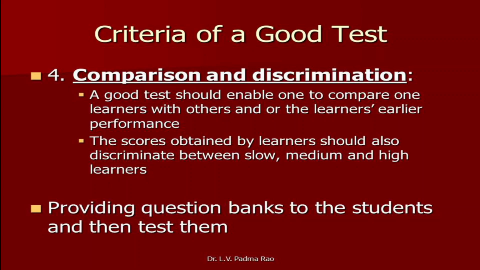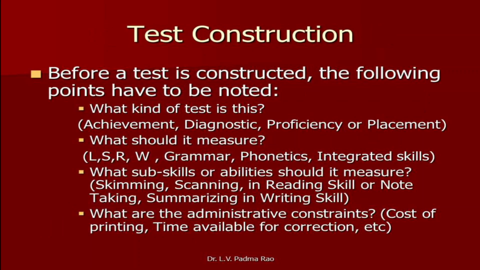The scores also should give a comparison of how the same student scored in the beginning of the academic year, in the middle of the academic year, and how he progressed in the later part. Sometimes, if the students decrease their scores in the later part, they require some additional counseling by the teacher. Providing question banks to the students and then taking the tests will definitely help them to have comparison and discrimination in an effective way.